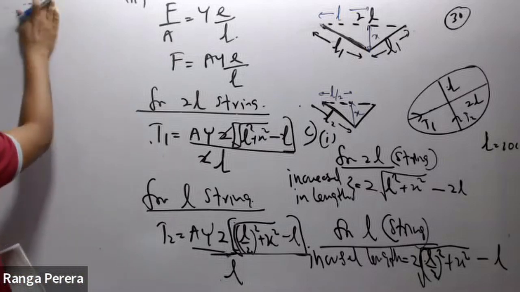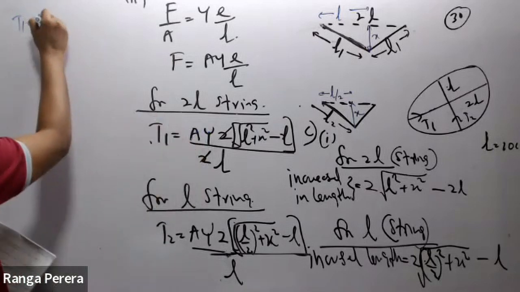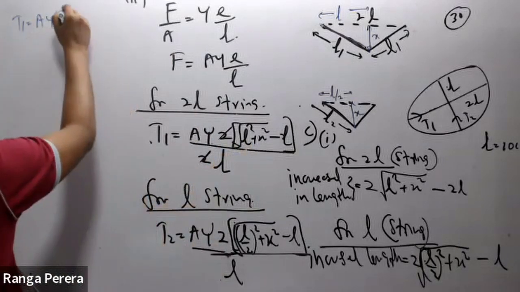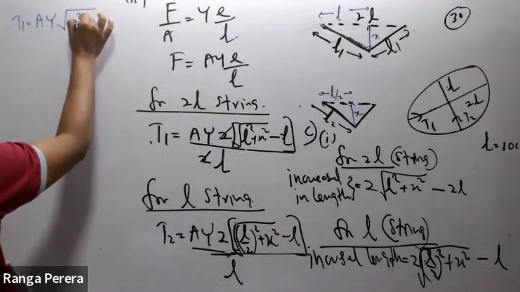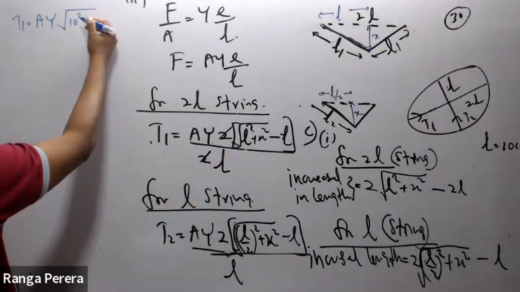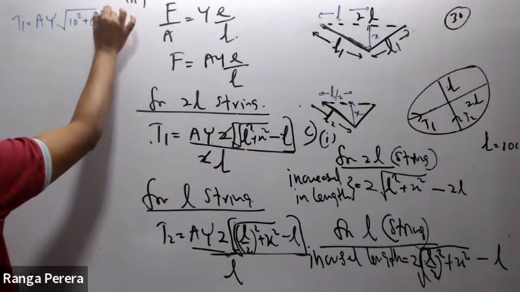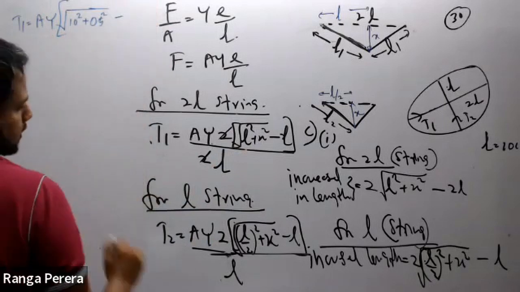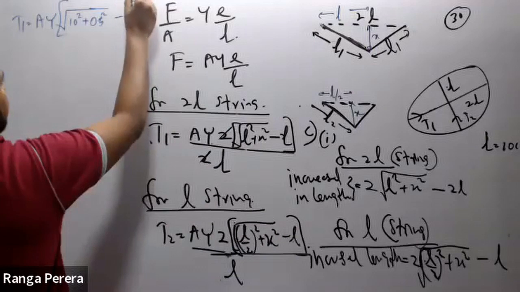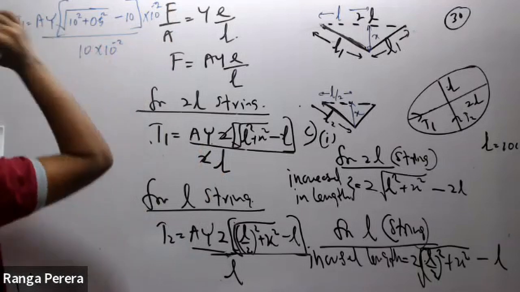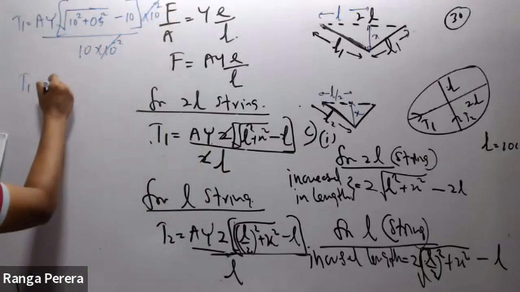T1 equals cross section A, Young's modulus Y, times root of (10 squared plus 0.5 squared) minus L, that is 10 centimeter, multiplied by 10 to the power minus 2 to convert into meters, divided by L, which is 10 centimeter, 10 to the power minus 2. Actually, it is cancelled.